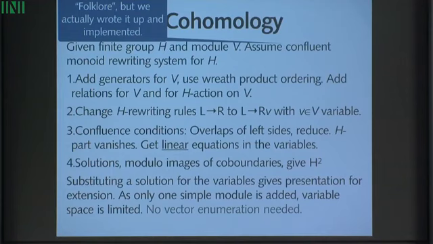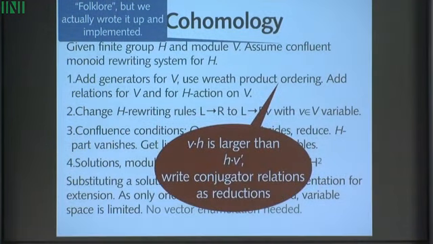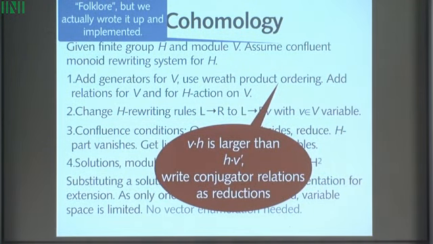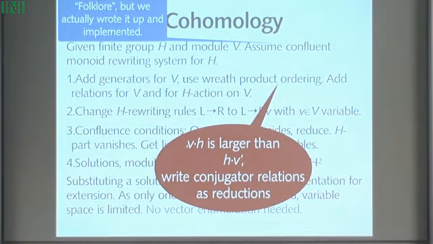So we modify this rewriting system by adding further generators for the module. We use a wreath product ordering. Wreath product ordering here just means to bring elements in a more normal form. If we have a module element times something which represents the factor group, we want to bring it into this form, and the wreath product ordering just ensures that this will be larger than this.